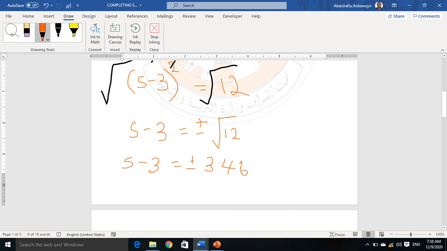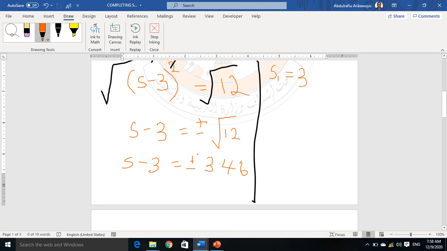Now let us find the first s. Because like I told you, we are going to have two of them. So let's find the first one. S1 is equal to, I will take 3 to the other side. It becomes plus 3. Then I will take plus.